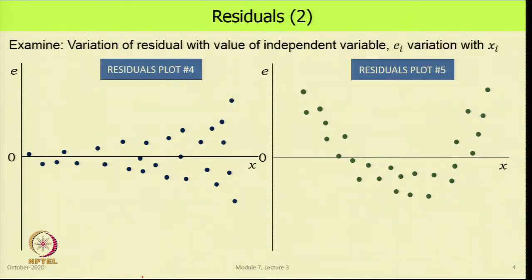So, here is the first plot, where x is in this direction and this side is e. And what do we have? We see a trend that as x goes on, in general the residual spread is increasing.